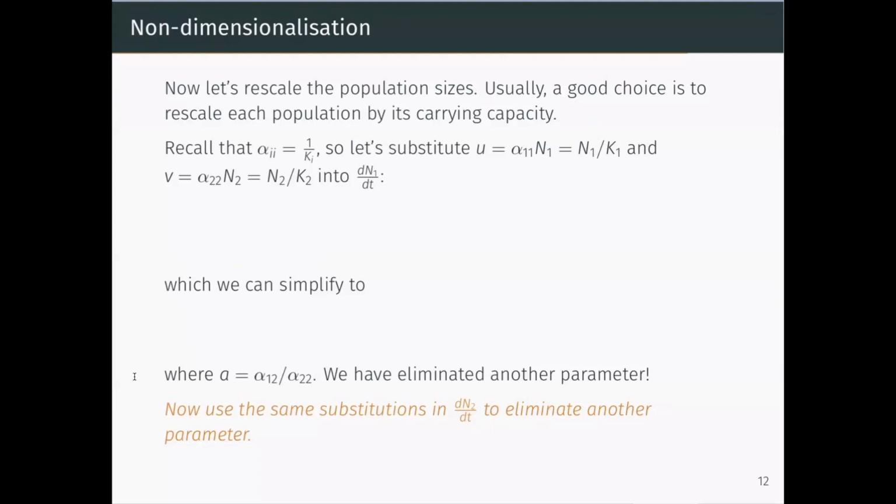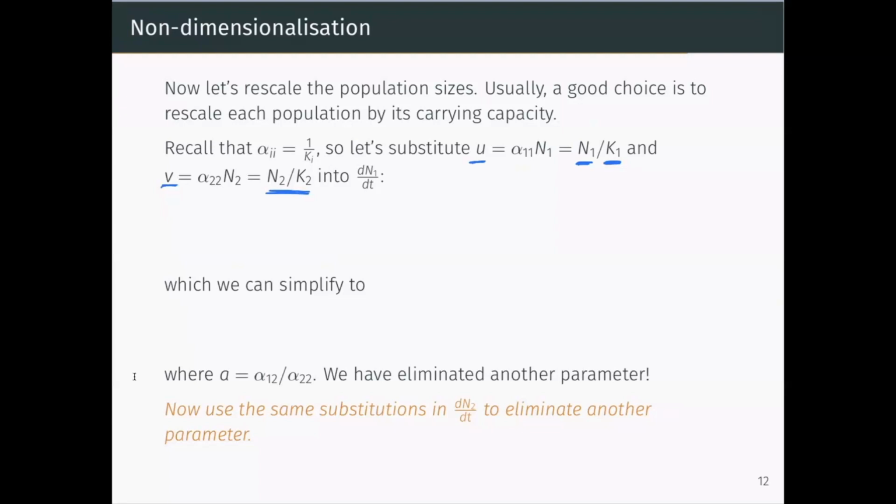The reason we do this is that if we let a new variable u be equal to our population size n1 divided by the carrying capacity of n1, which we can also write in terms of this alpha 1 here, then this new variable u is going to tell us how many individuals are in our population relative to the carrying capacity. We could do a similar thing for species 2, setting a new variable v equal to the proportion of our carrying capacity that is taken up by species 2.